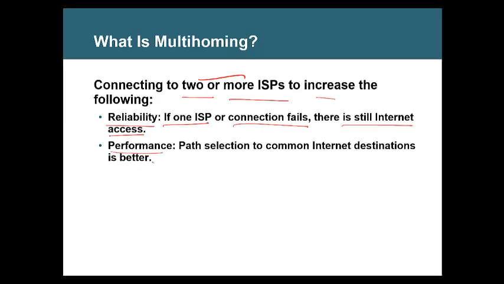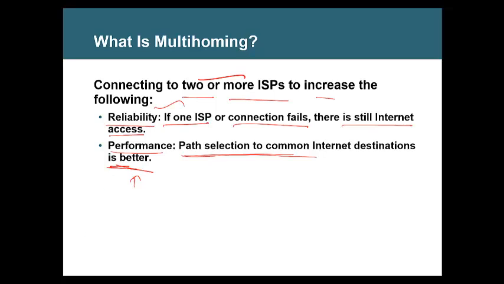Whenever you have multiple paths, you select one path as the primary path, and if that primary path goes down, immediately it picks the backup path. That is reliability. When you have multiple paths, you choose one as primary. Why do you choose that one? Because it has better reachability, a better metric than the other.